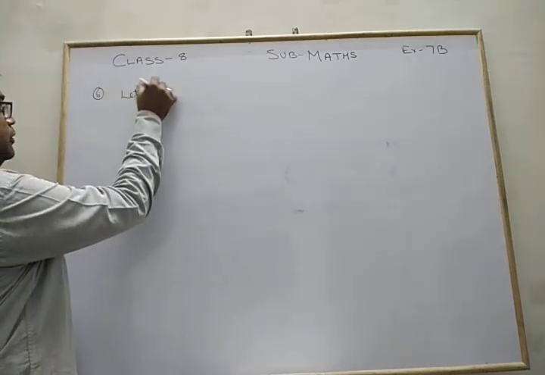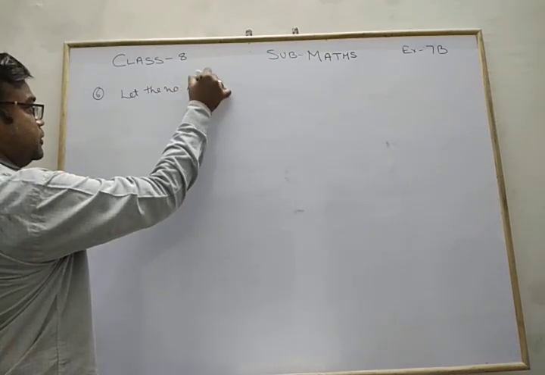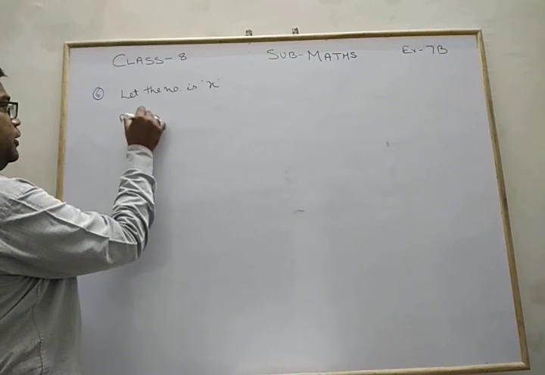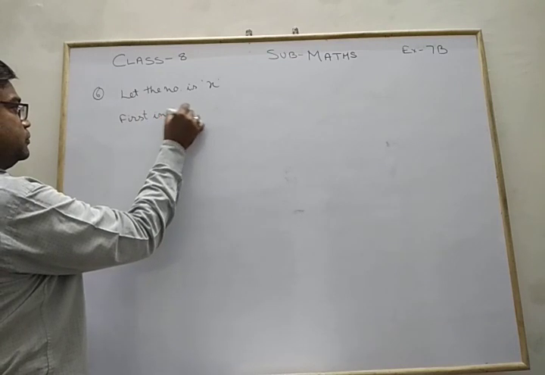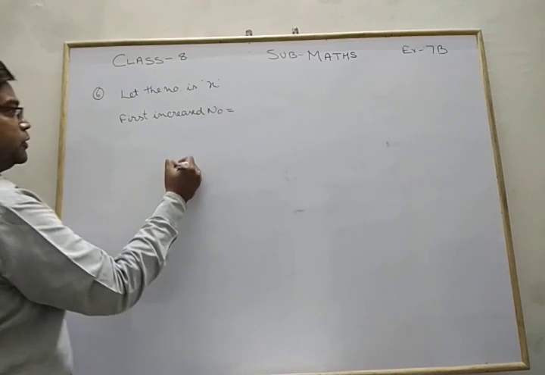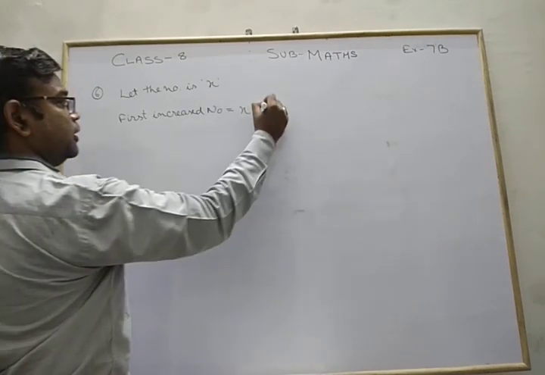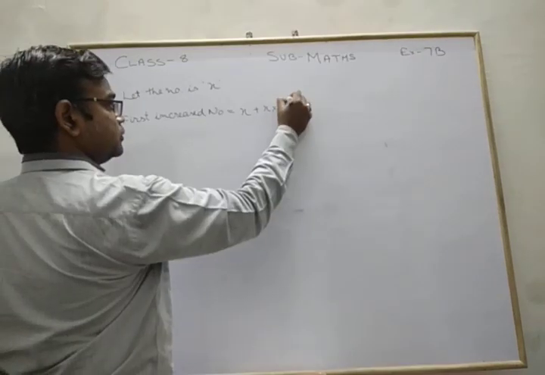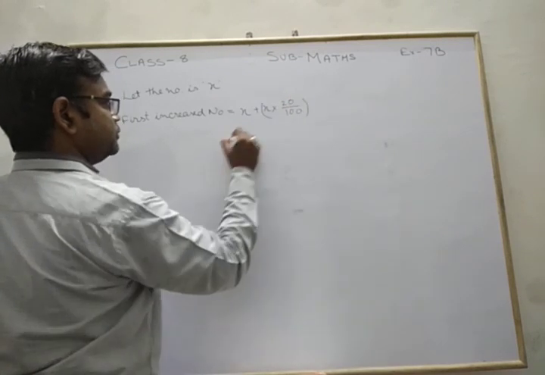Let the number be x. First increased number equals x, the original number, plus x into its 20%, that is 20 upon 100, 20% of x.